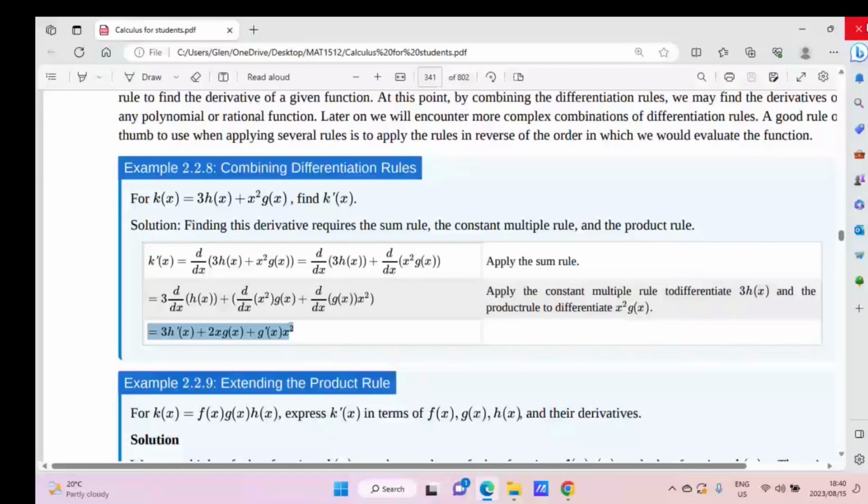We are still differentiating here. So you seem to be using the substitution rule. Am I wrong to say that? Okay, let's not use the substitution rule for now.